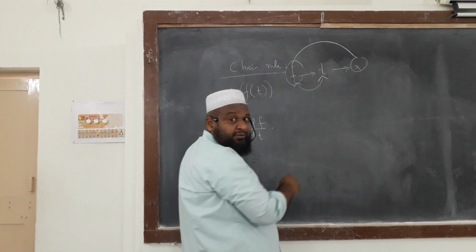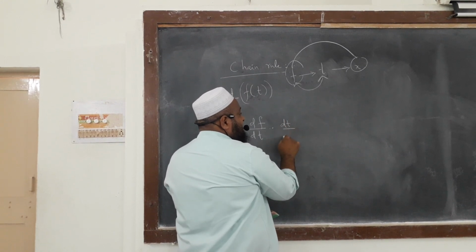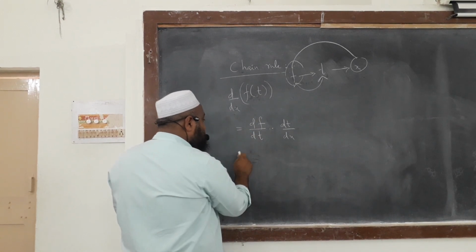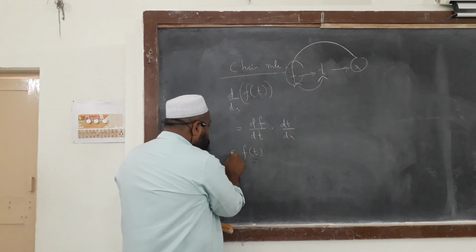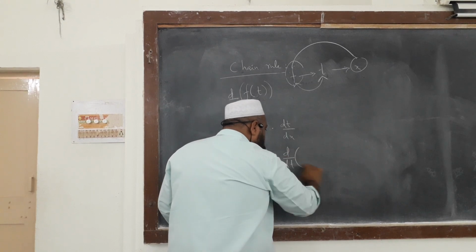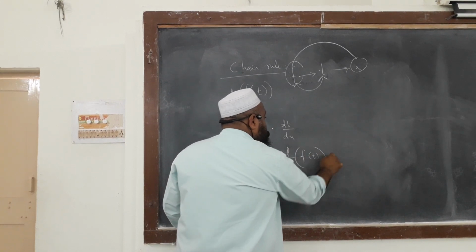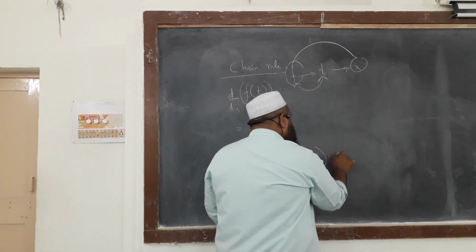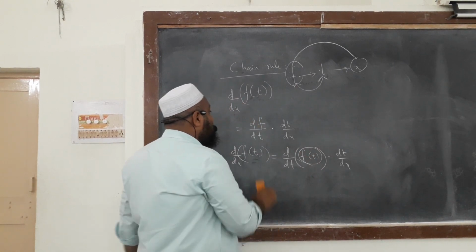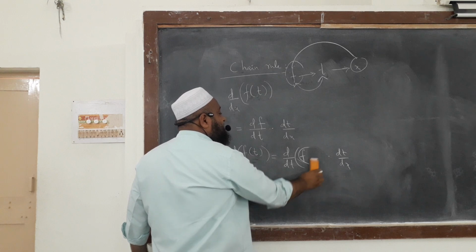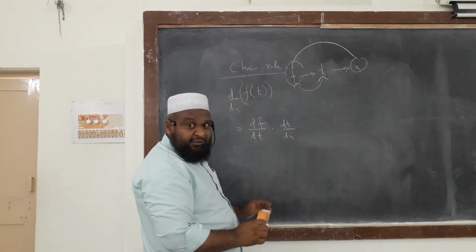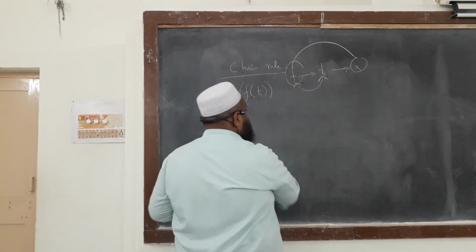Derivative of f with respect to t, and then multiply the derivative of t with respect to x. Is this point clear? The other way you can feel is, f of t, I want derivative with respect to x, so I will do d by dt of f of t into this t derivative with respect to x. Instead of writing this full f of t, we are writing in short df by dt. Its full form is like this.